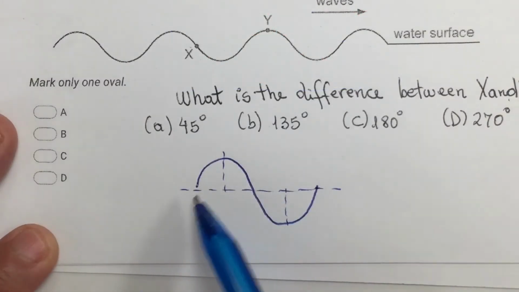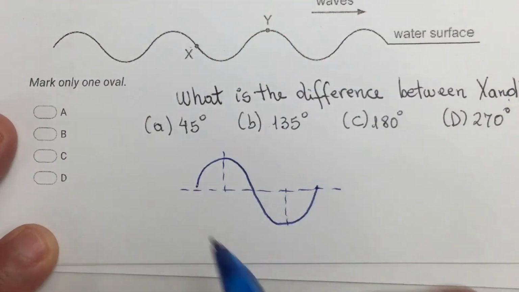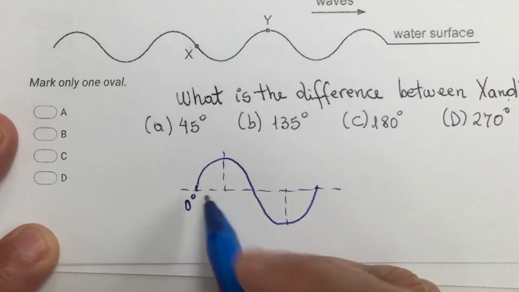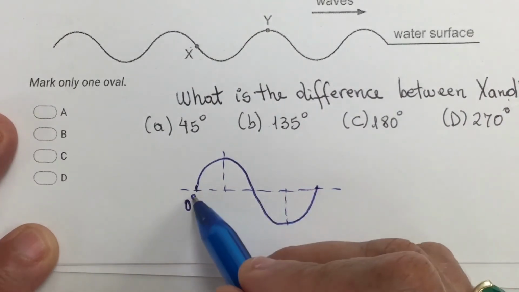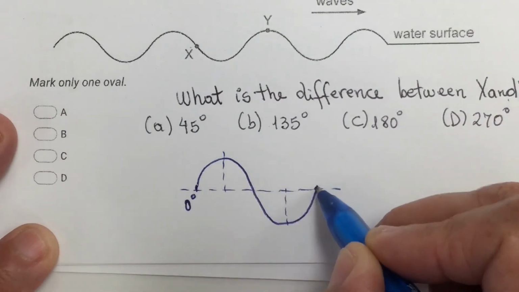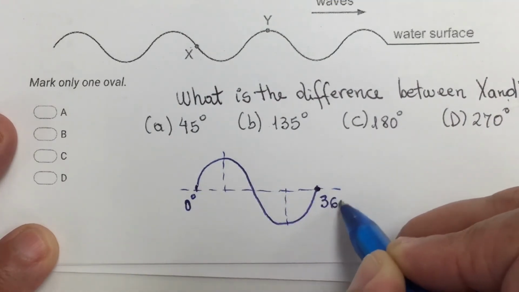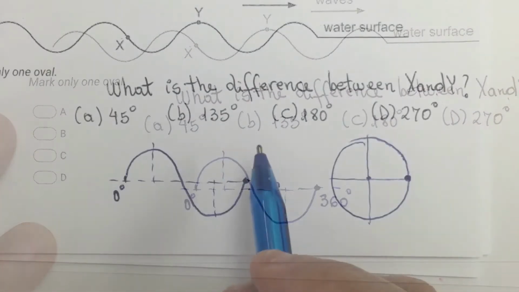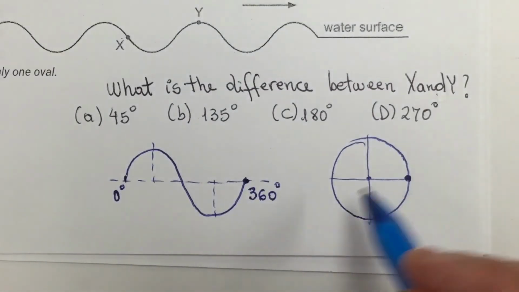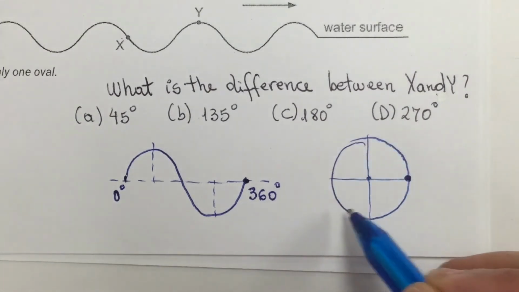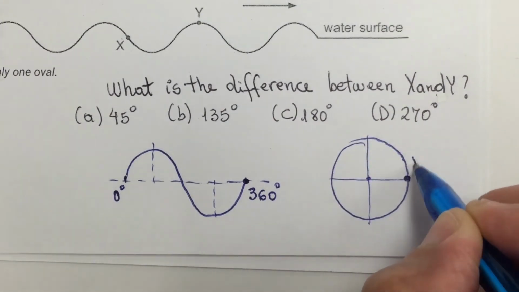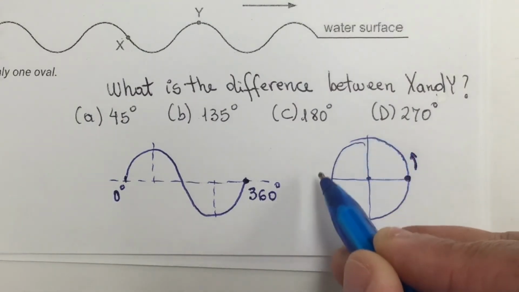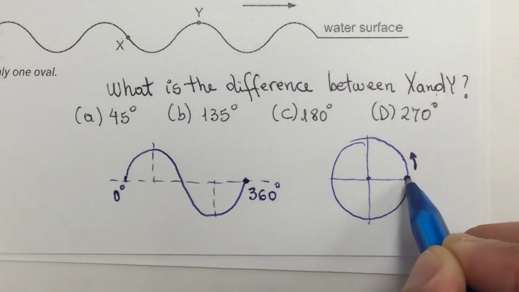First, let's take a look at this wave. If this wave starts right here, we have 0 degrees in terms of angle, and this is our 360 degrees, one complete cycle. So let's look at this oscillation in terms of this circle, where we start here and move counterclockwise this way and finish right here.